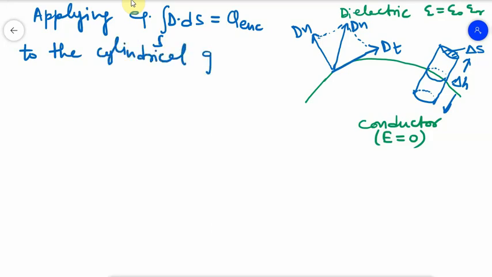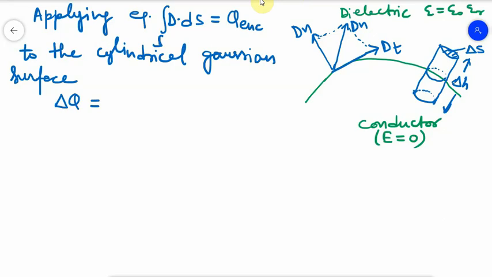If we assume this cylindrical Gaussian surface at the interface separating the two media, that is dielectric and conductor, then we apply this equation to this Gaussian surface. Let's say del q is the charge enclosed by this surface.